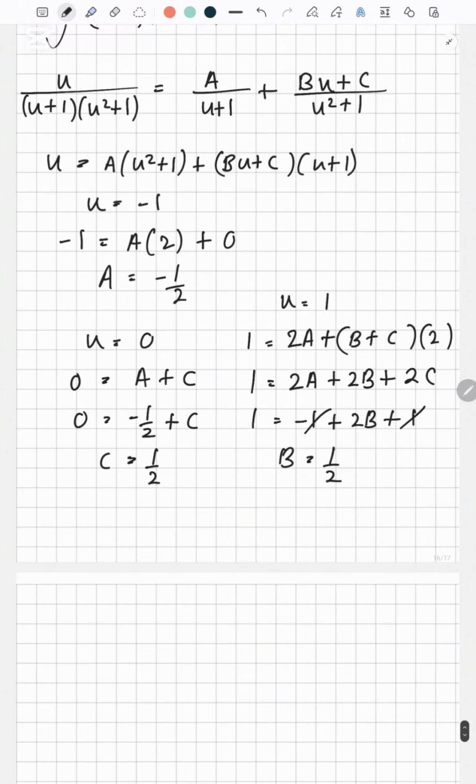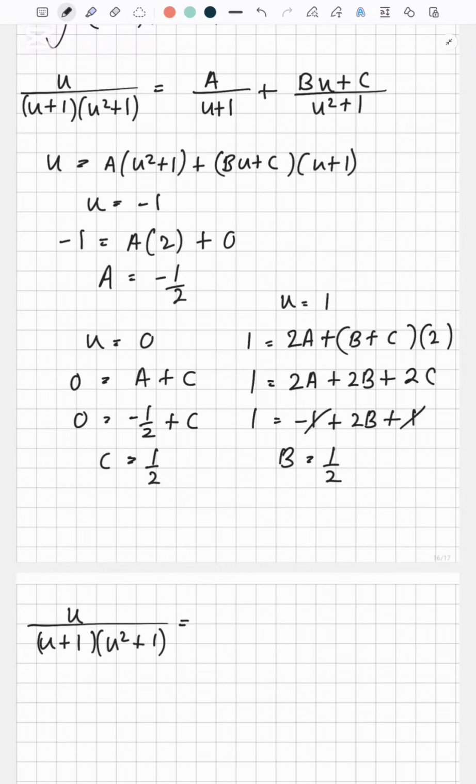Okay, so now you can write your partial fraction, right? You found all the values you need. a is minus half. I'm going to write the second fraction first.